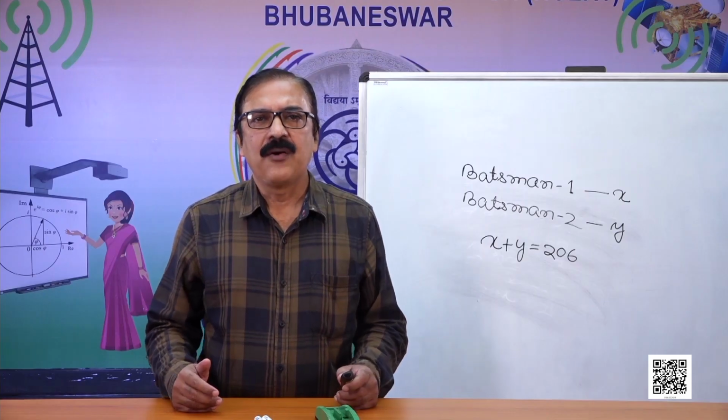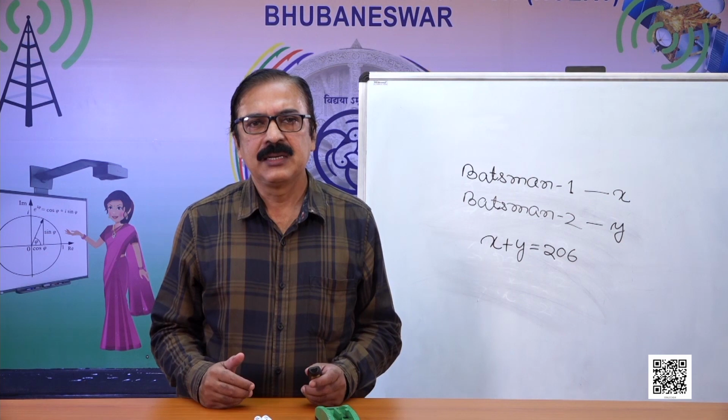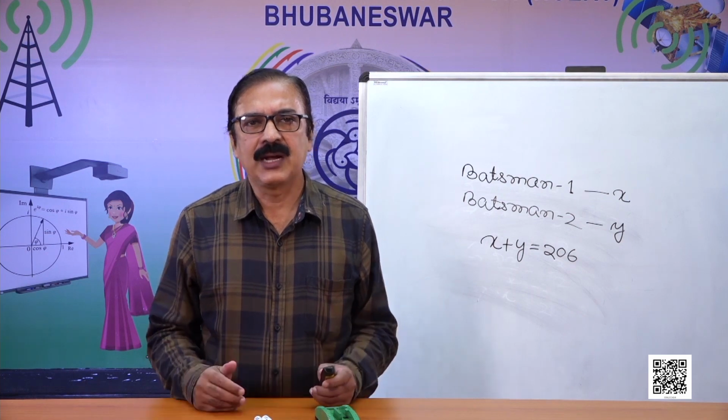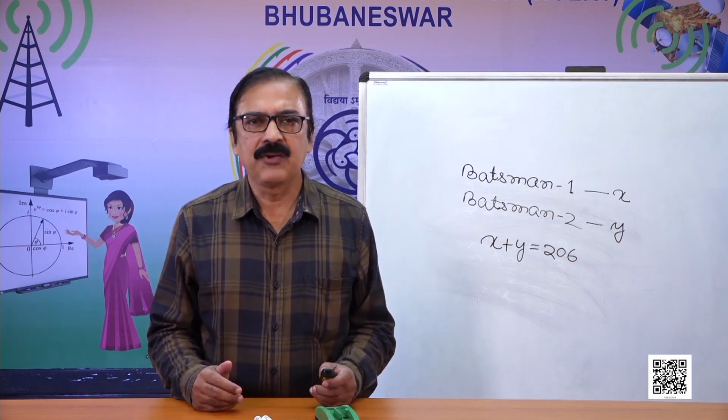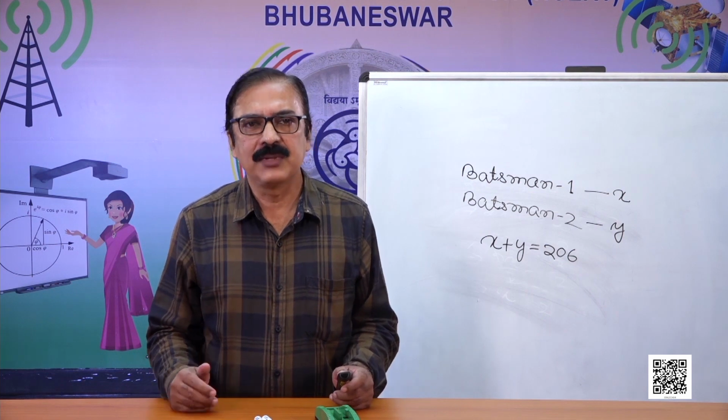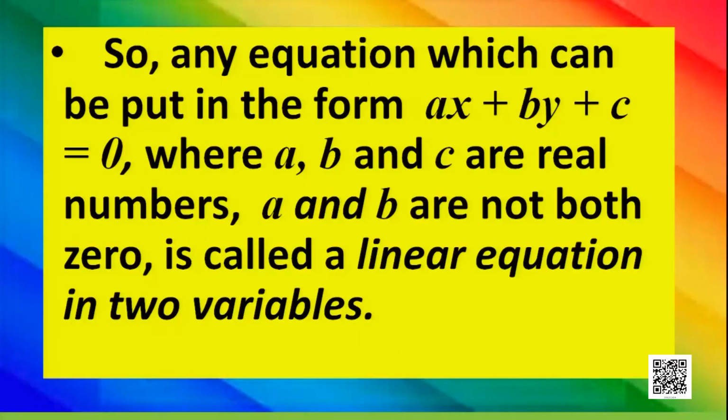Now let's generalize what a linear equation in two variables is. Any equation which can be put in the form ax plus by plus c is equal to 0, where a, b, c are real numbers, and a and b are not both zero.